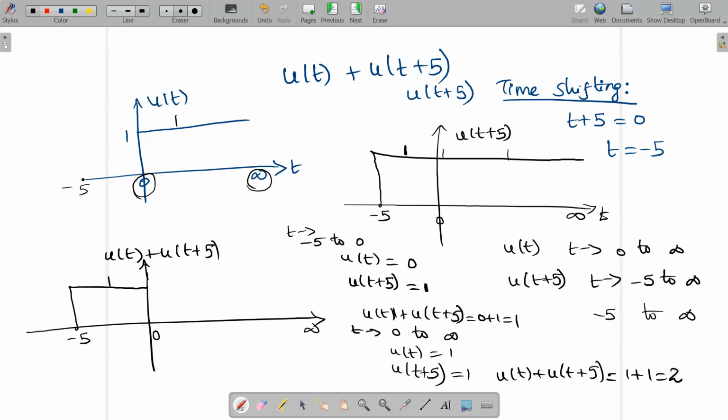So for 0 to infinity, the amplitude is 2, not 1. So let me take 2 here. From 0 to infinity, we will have the diagram like this. So for minus 5 to 0, the amplitude is 1, and for 0 to infinity, the amplitude is 2.